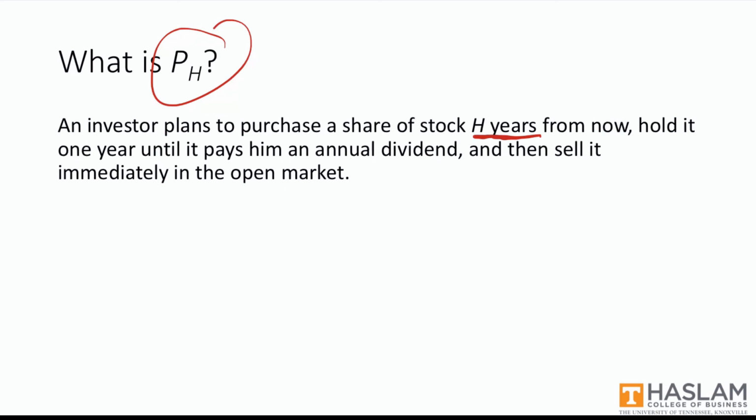And so following the same setup that we've used before, we know that we can always say that our estimate of PH is just going to be our expected intrinsic value at time H, which equals the dividend in the next period, so dividend at H plus 1, plus the expected price at H plus 1, again, discounted 1 period.